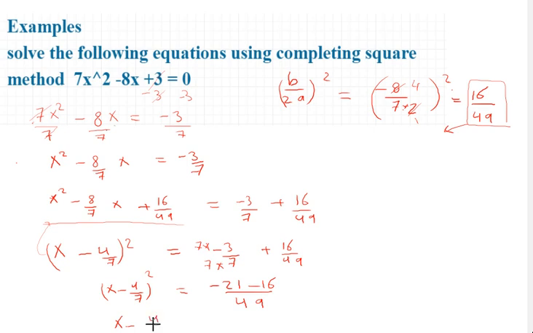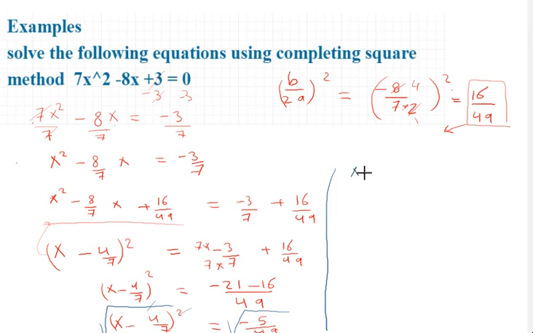So (x - 4)/7 squared equals minus 5 over 49. We now need to take the square root of both sides, replacing the square sign with the square root.